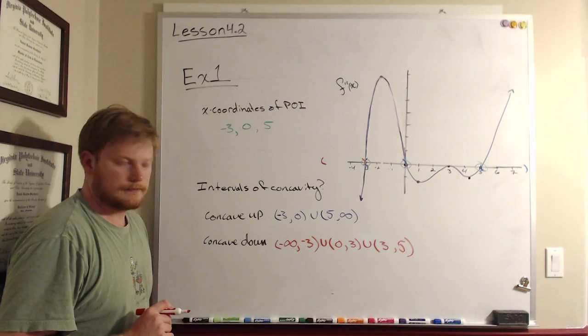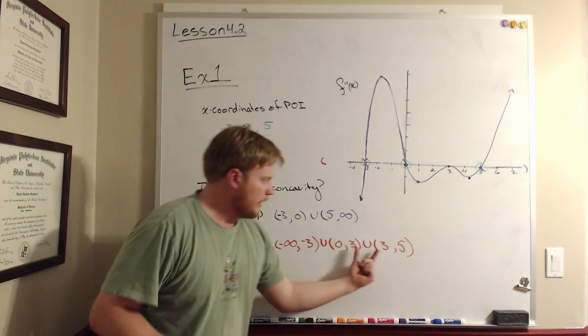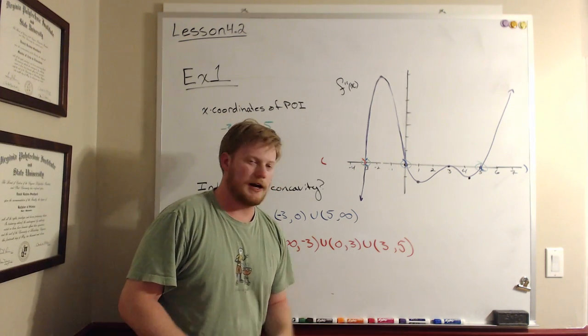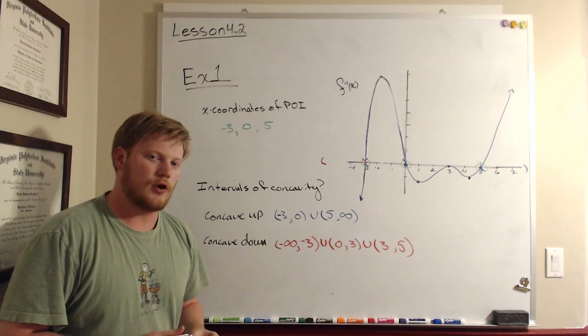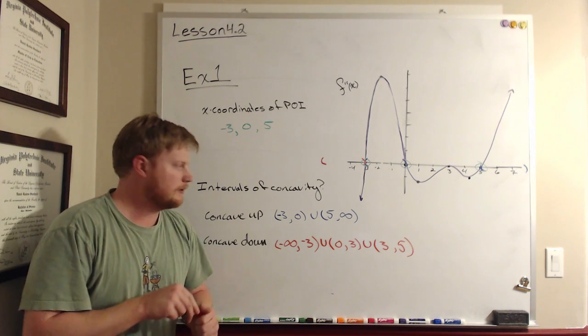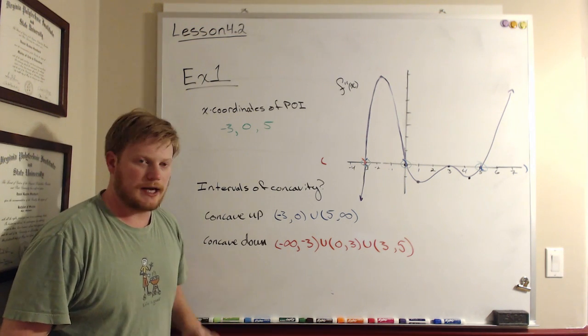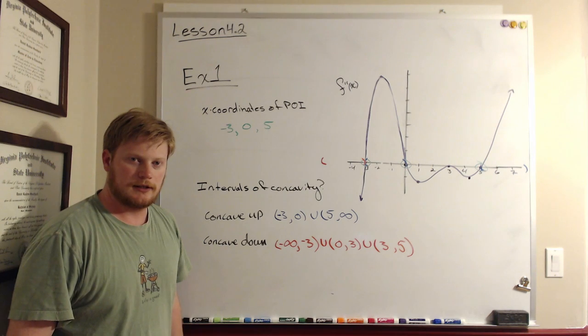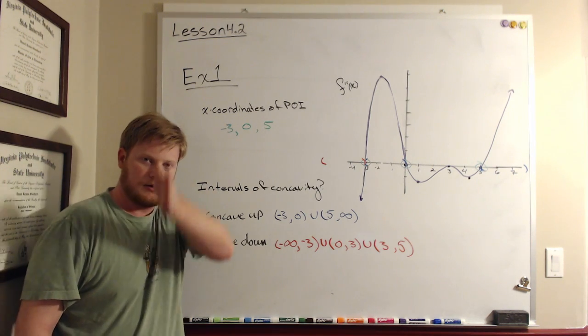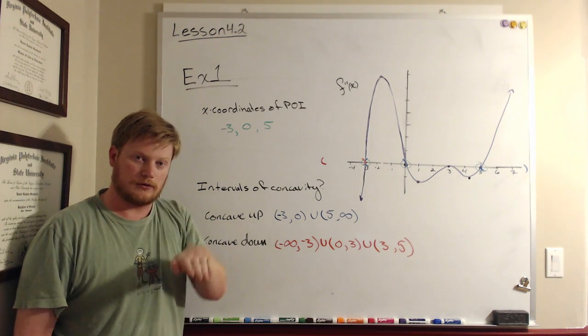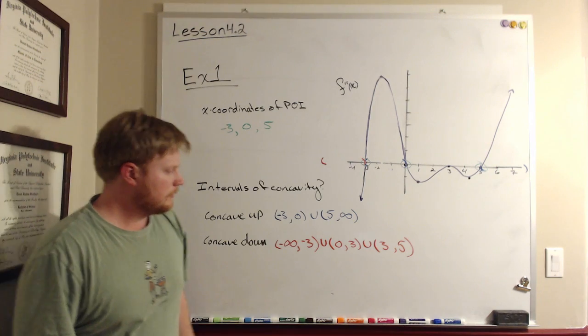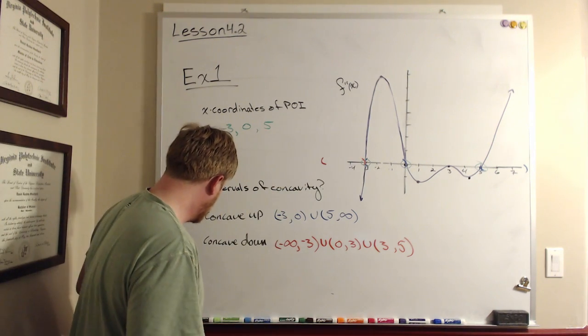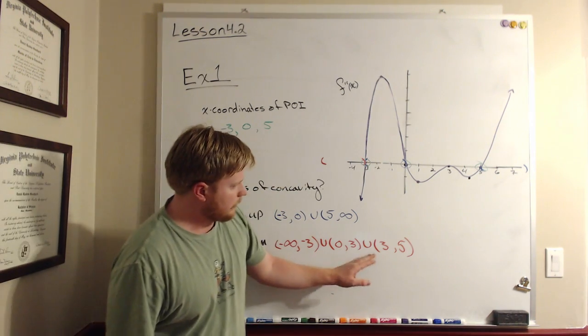Now, it is interesting here we say that the original function has no concavity, right? It has no concavity at 3. So that means it's either horizontal or vertical. That's interesting. But just take note of that.